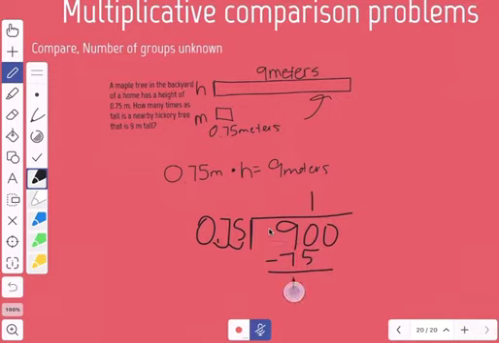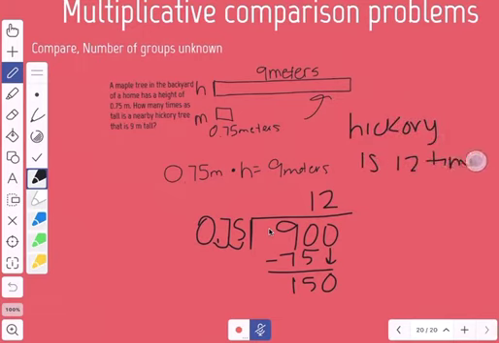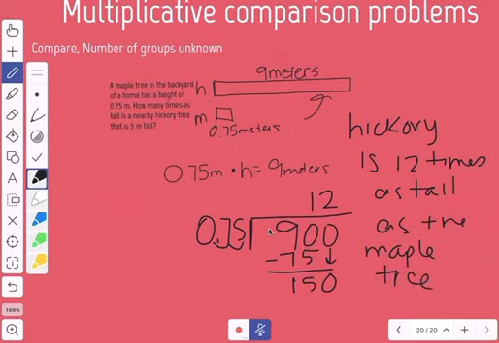I would have a remainder of 15. Bring down the 0, and that's exactly perfect. So the hickory tree is 12 times as tall as the maple tree. Ooh, bad spelling.